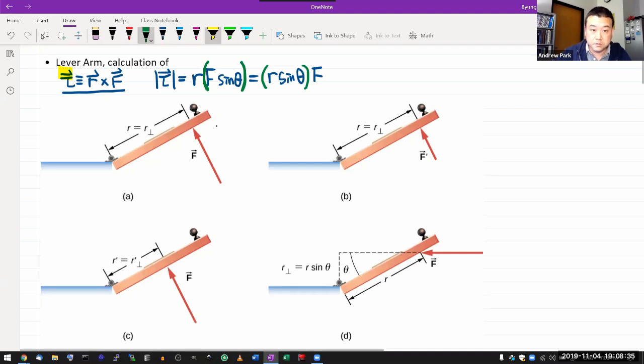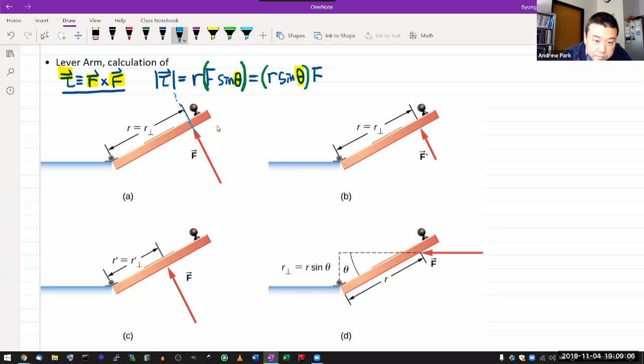So just to avoid any confusion, this theta refers to the angle between the displacement vector and the force vector. So to point out the theta in these figures here, in example A, this is the direction for force.